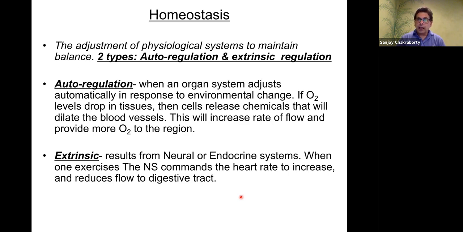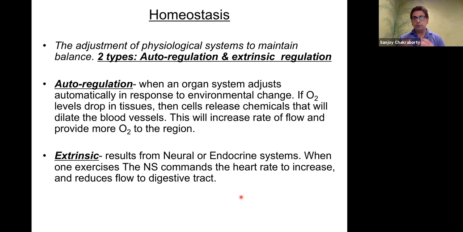That's how they react. I'll give you another easier example. Let's say you are exercising, running on a treadmill, and suddenly your body temperature goes up because your muscles are working and you produce a lot of heat. How is your body going to react?